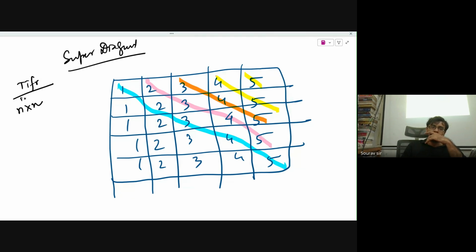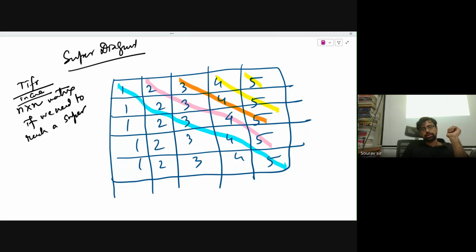In case of an n cross n matrix, if we need to reach a super diagonal of a single element, then what's the position we have to consider?